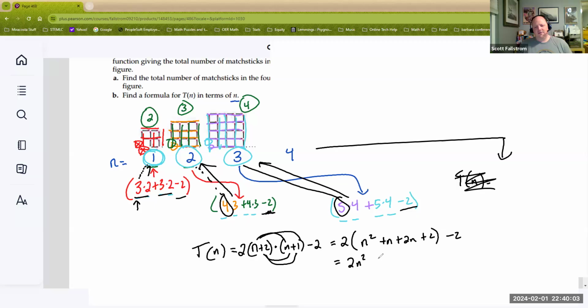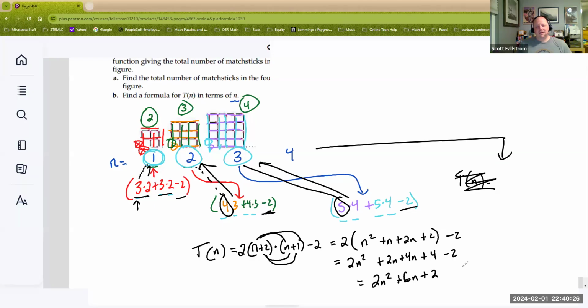So 2n squared plus 2n plus 4n plus 4, take away 2. And then you simplify this, you have 2n squared, 2n plus 4n is 6n, and plus 4 minus 2 is plus 2. And that is how you can do it.